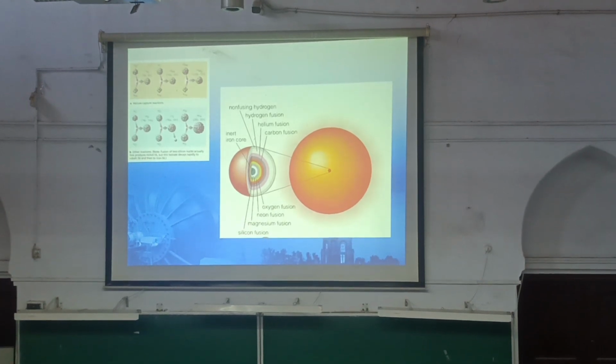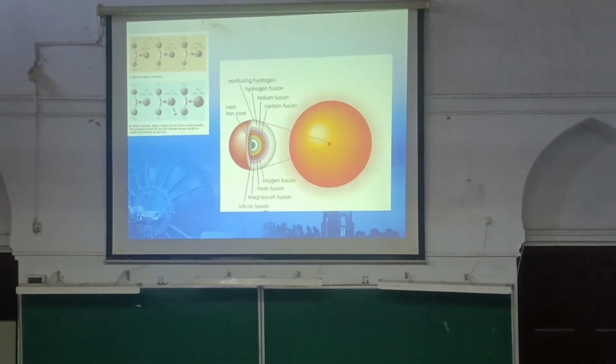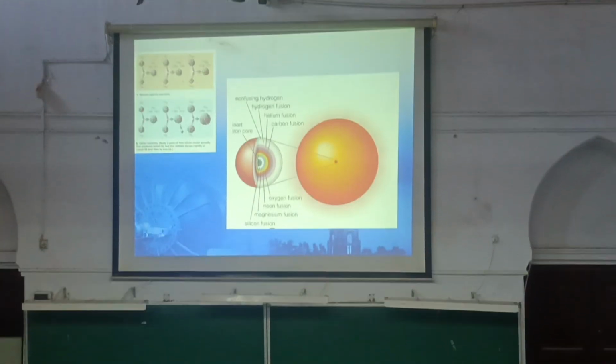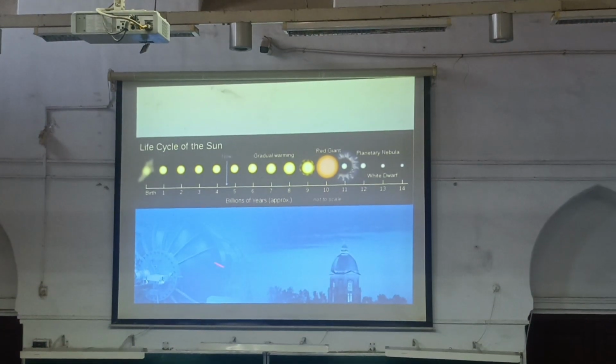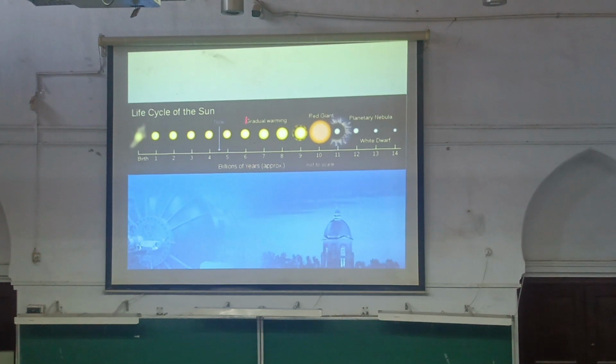This is what gives the star energy. But you also realize that at some point this energy has to come to an end because it cannot go beyond there. And that's what the life of a star is. So if you look at our sun, it has been doing it for almost 5 billion years.